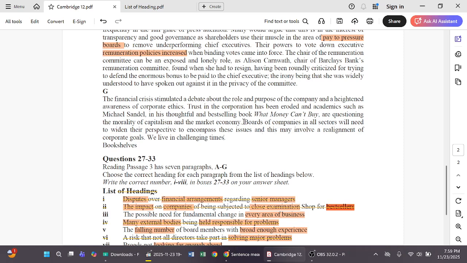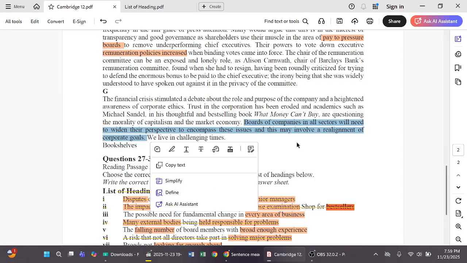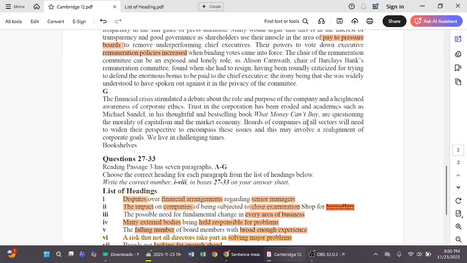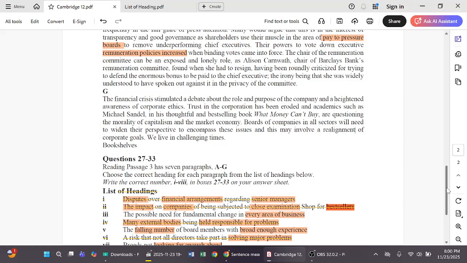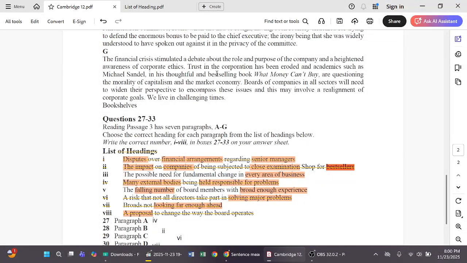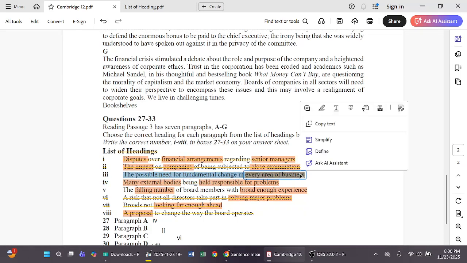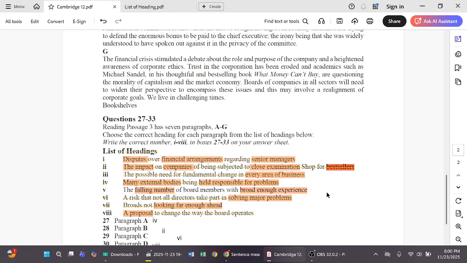So for this sentence, we need these corporate goals. In all sectors will need to broaden something, they are trying to change or improve. This is for paragraph G, that is the possible need for fundamental change in every area, right? So that is the answer for paragraph G.